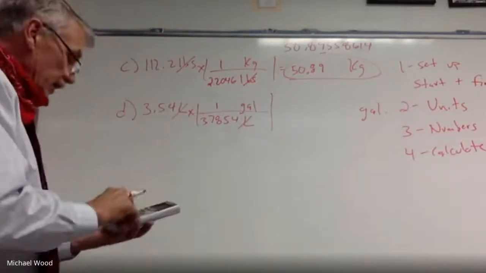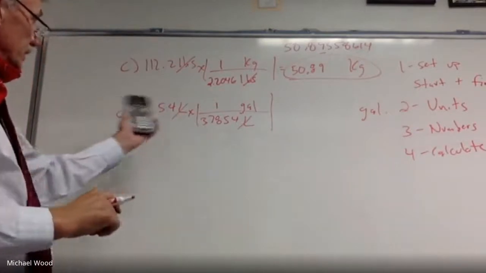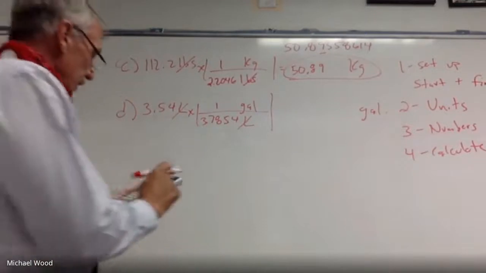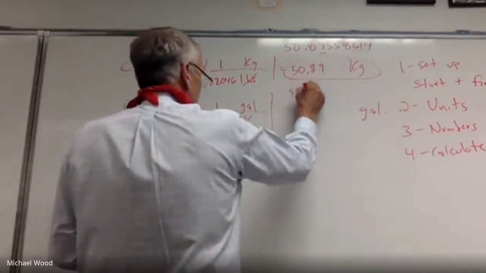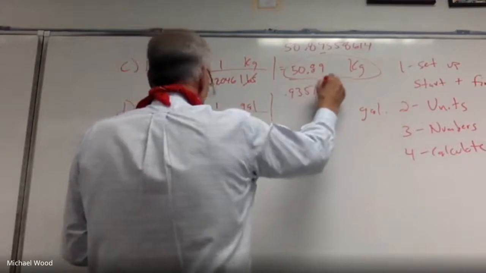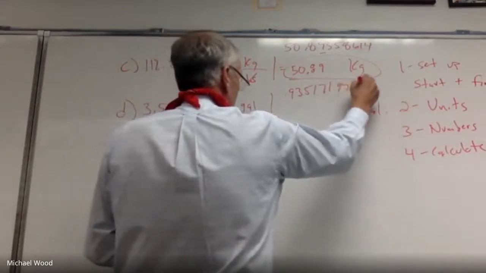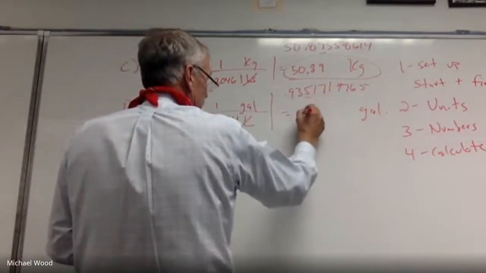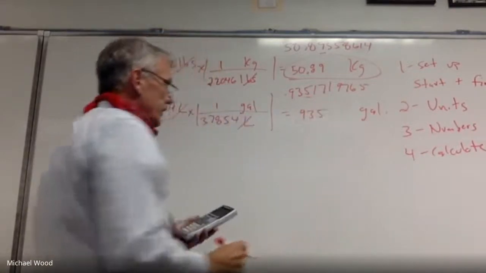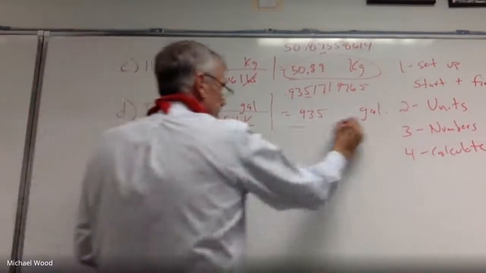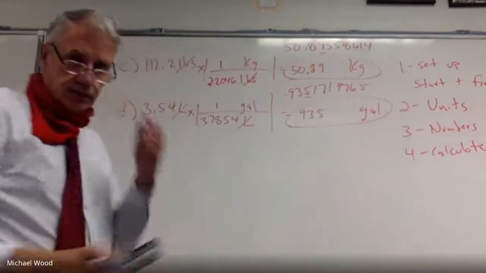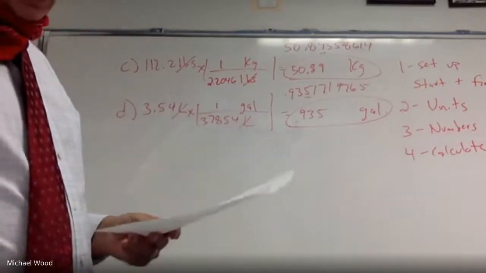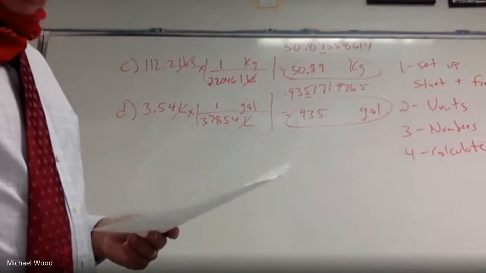So now on my calculator, I'll go 3.54 times 1 divided by 3.7854, and my calculator says 0.93517197765. Well, this has 3 sig figs, so I want 3 sig figs, and the one tells me to round down: 0.935. Okay. And again, on number 1, I will let you guys try E through H, and we'll check those in class.